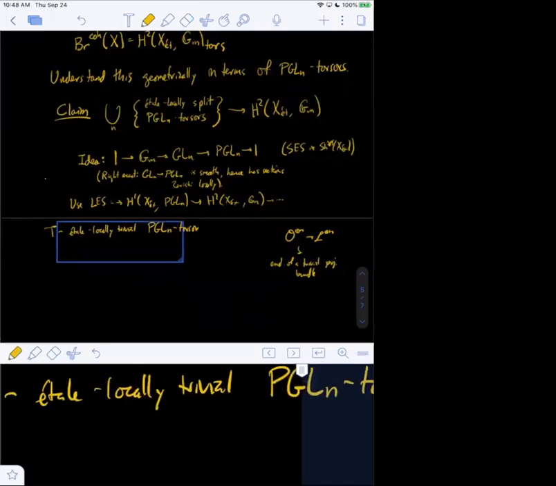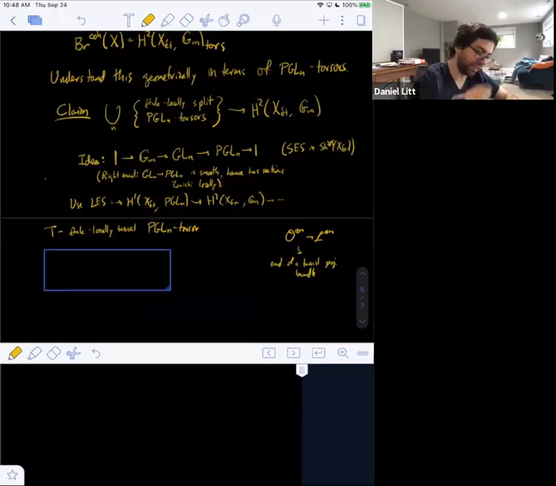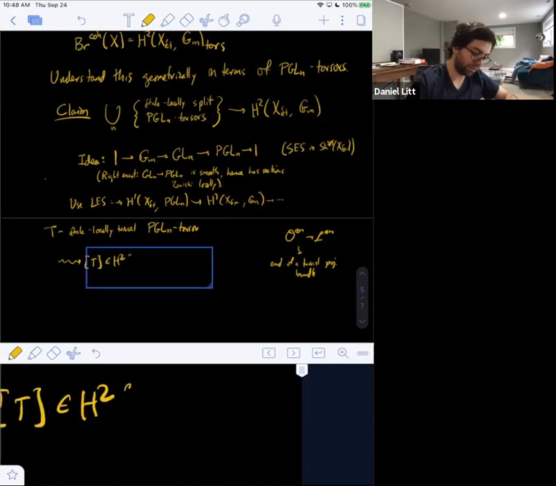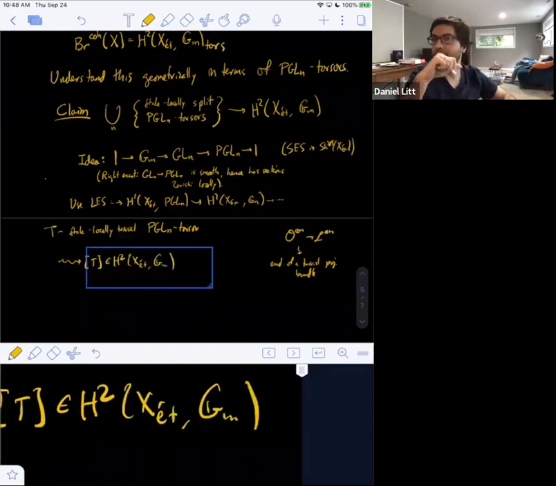So let's suppose I have an étale locally trivial PGL_N torsor T, and I want to associate to this some class [T] in H2 of X étale with coefficients in G_m. So how do I do this? Can anyone help me out?